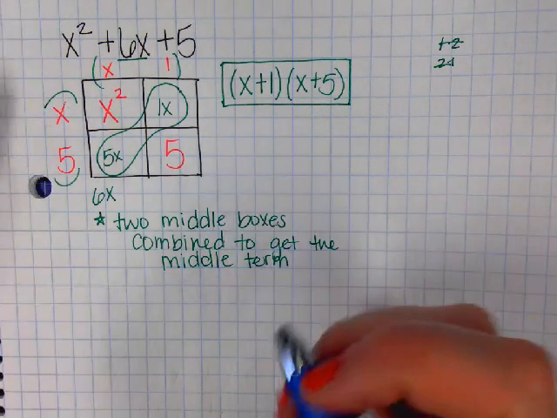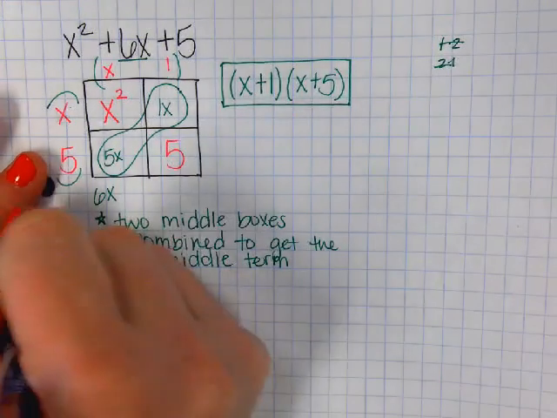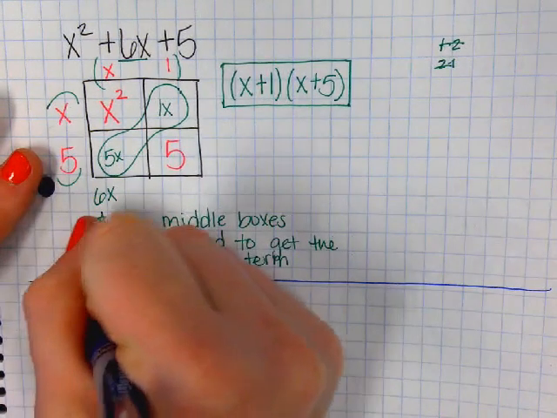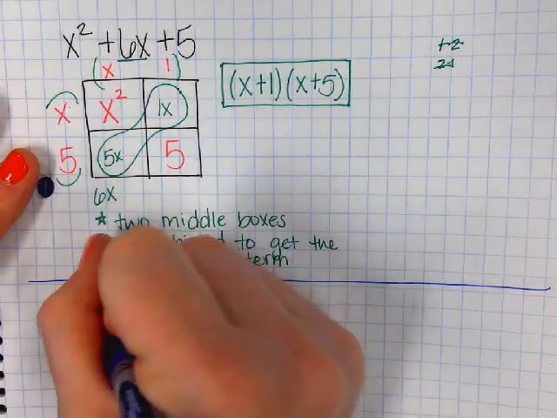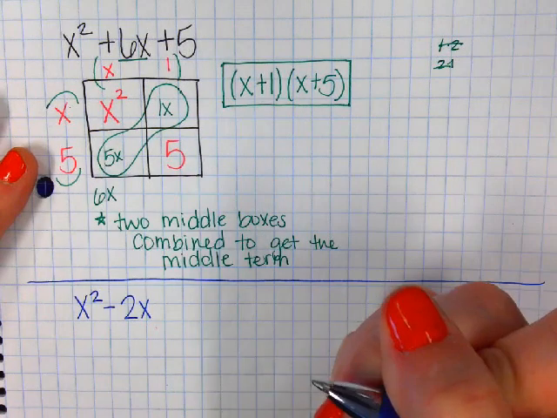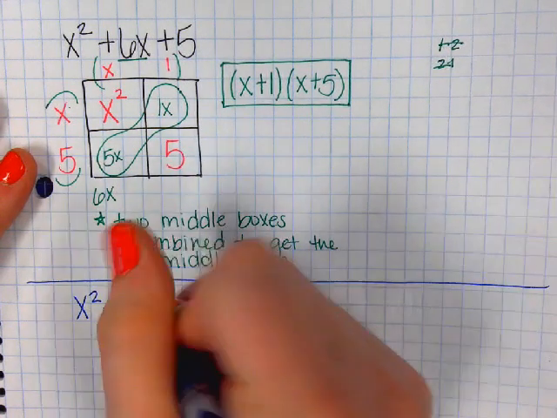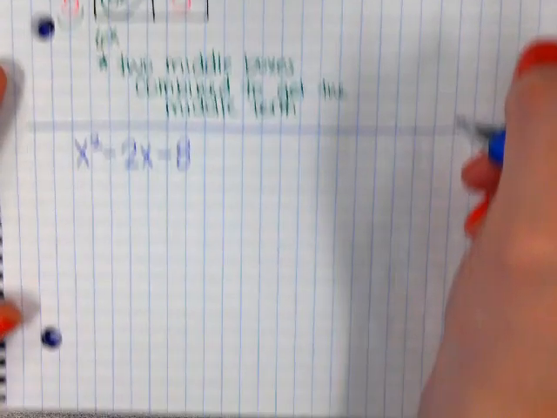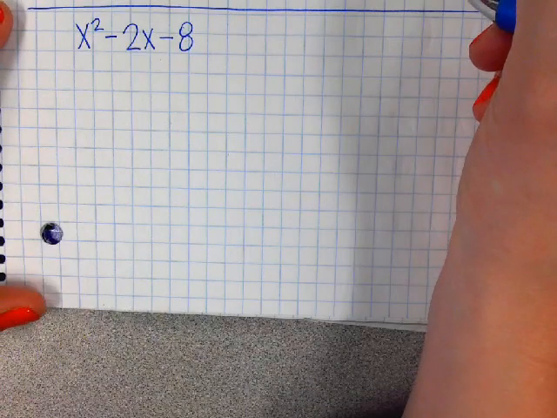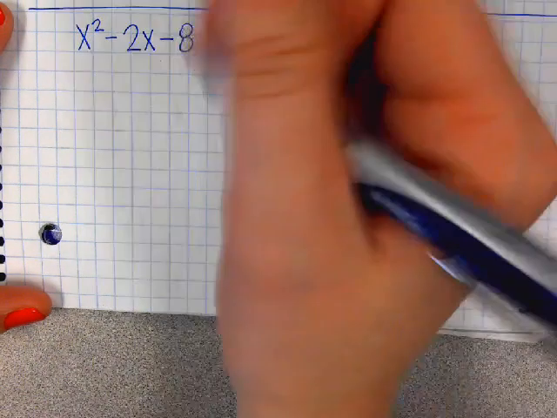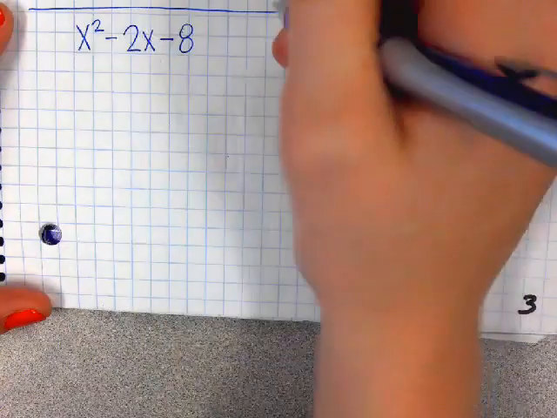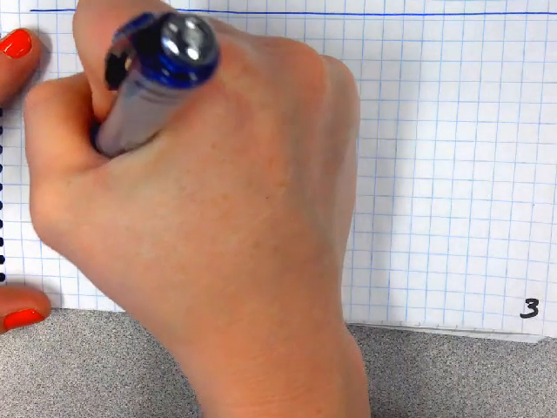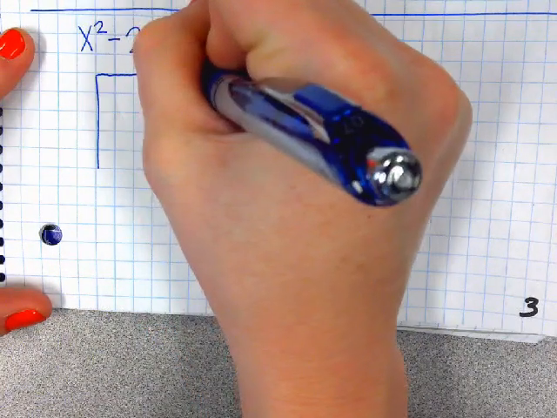Okay, so let's do another one. Let's do x squared minus 2x minus 8. So again, the first thing you need to do is make your box.